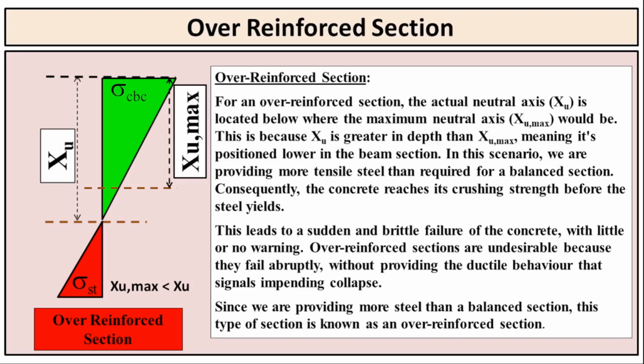When analyzing reinforced concrete beams, we compare the actual neutral axis position, XU, to the maximum, or limiting, neutral axis position, XU max. This comparison is vital for understanding how the beam will behave under load. In the next slides, we are going to reveal the formulas for bending moment.